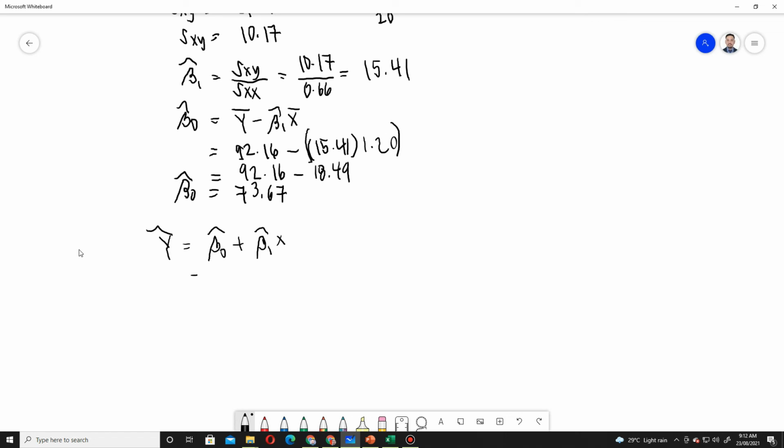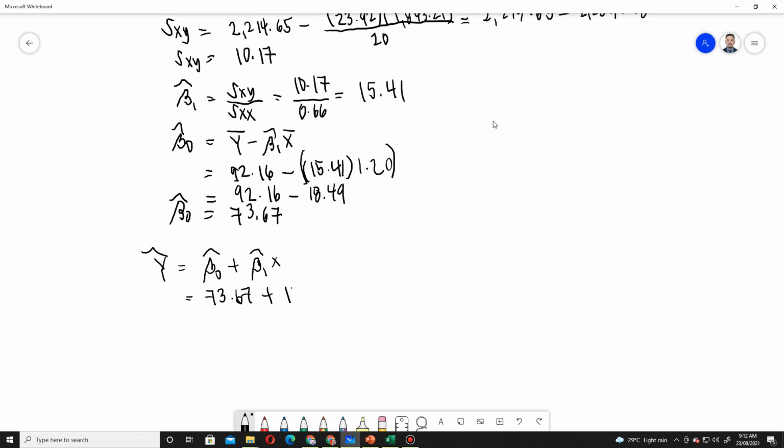We have b hat sub 0 as 73.67 plus we have b hat sub 1, 15.41 x. So this is our prediction line, or the fitted or estimated regression line. Thank you very much.